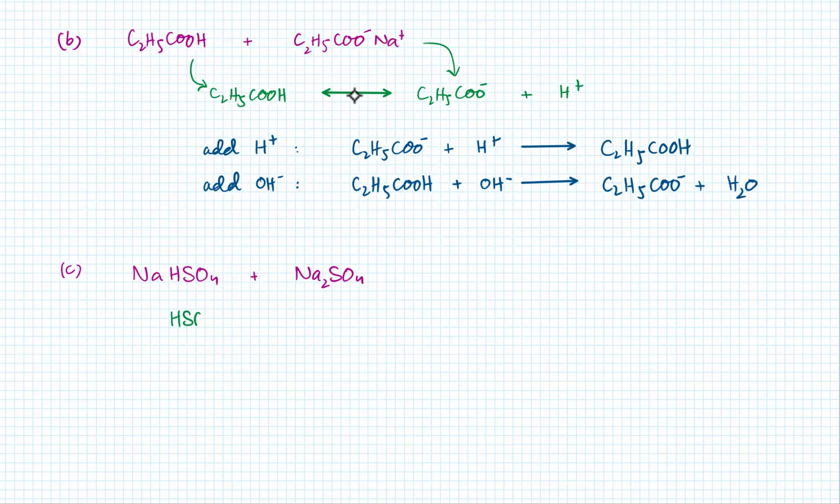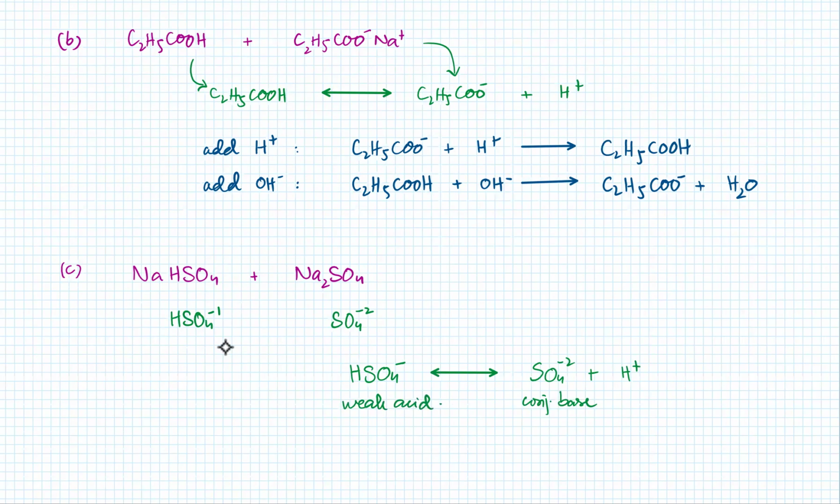So I've got HSO4 minus 1 ions, and over here I've got the SO4 minus 2 ions. Now the weak acid is the one that's got more H plus 1 ions. It's definitely going to be my HSO4 minus 1 ion, and it will be in equilibrium with SO4 minus 2 and H plus 1. So SO4 minus 2 is my conjugate base, and HSO4 minus 1 is behaving as the weak acid in this equilibrium.